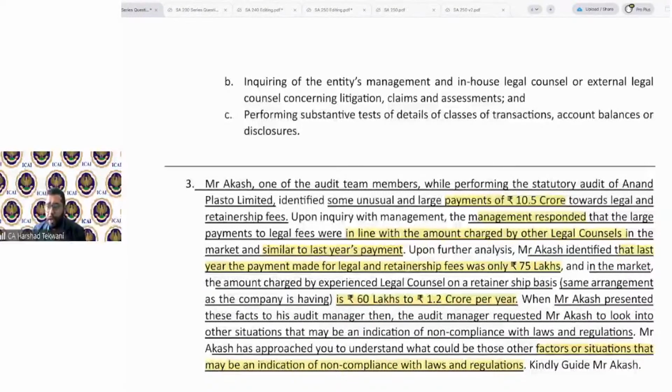What could be some situations like this which can raise suspicion that there could be a non-compliance with a law or regulation? Absolutely correct, Janvi. Yes. Let us see some examples and answer here.